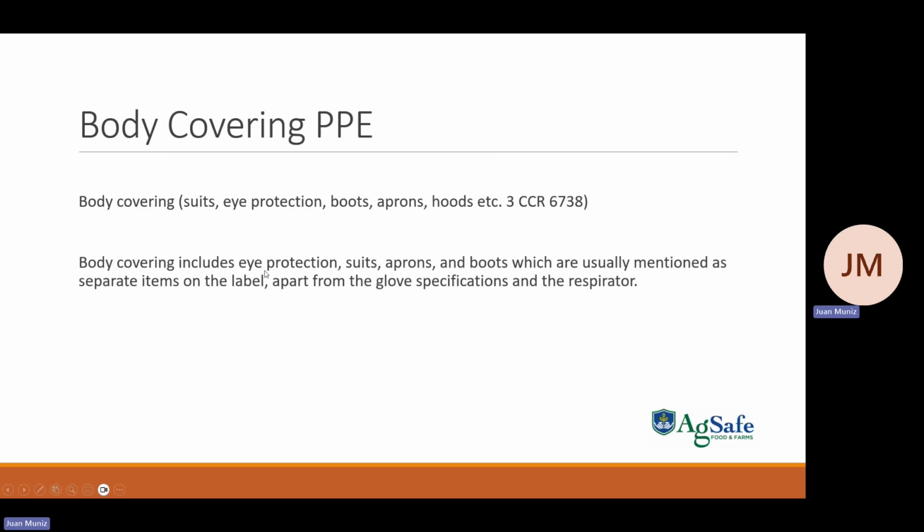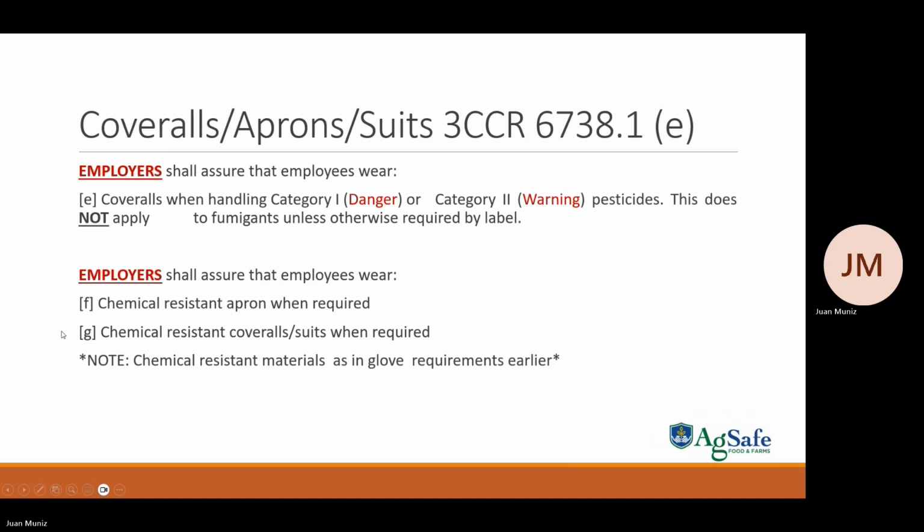And then body coverings include eye protection, suits, apron, and boots, which are usually mentioned as separate items on the label and apart from the glove specs and the respirator specifications. Coveralls, aprons, suits.